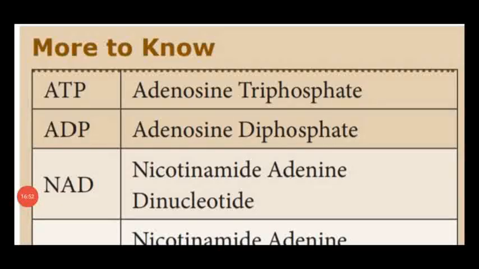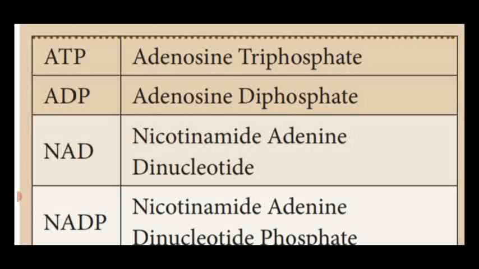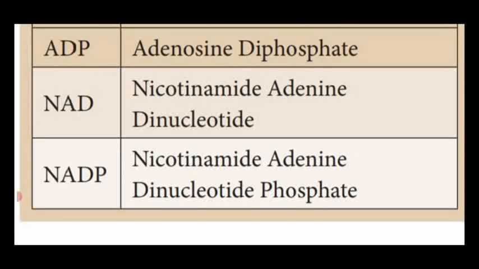Dear students, these are the different chemical substances produced in the Hill reaction. One is adenosine triphosphate, short form ATP, adenosine diphosphate, that is ADP, NAD is the coenzyme nicotinamide adenine dinucleotide, and NADP is nicotinamide adenine dinucleotide phosphate.